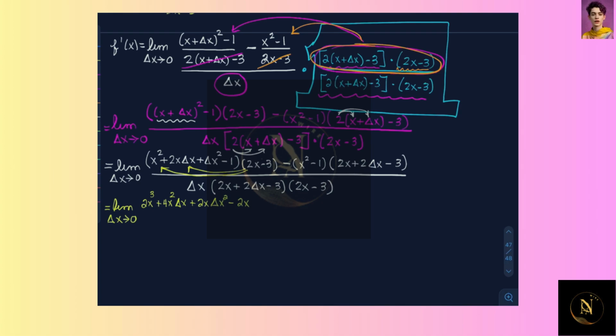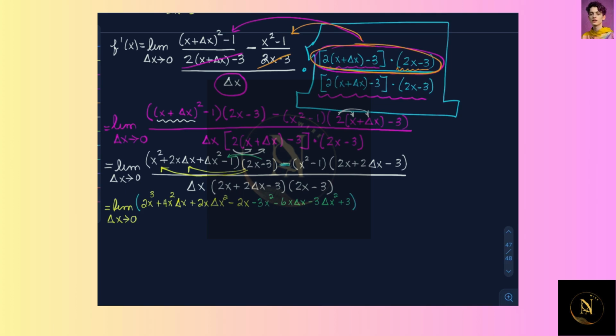Then I'll distribute the negative 3. So I'll have negative 3x squared minus 6x delta x minus 3 delta x squared plus 3.